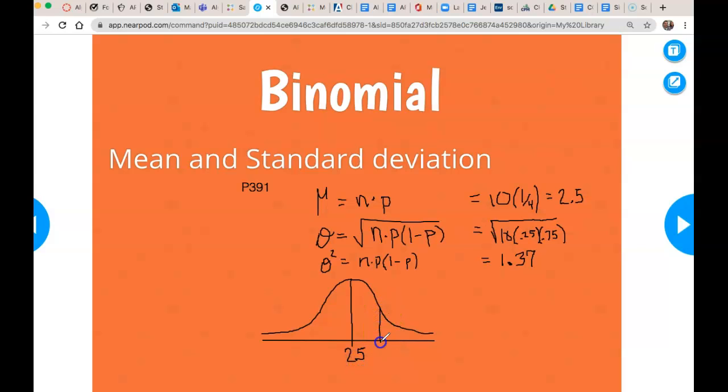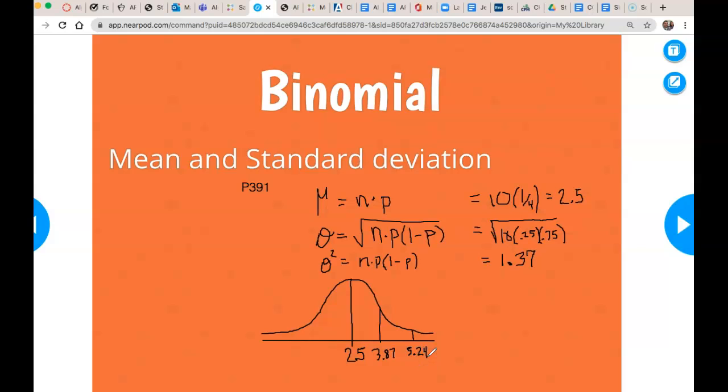So one deviation is 3.87, if I did my math right, and 2 deviations right over here. I gotta do that in my calculator. 5.24. So this is the 97th percentile.